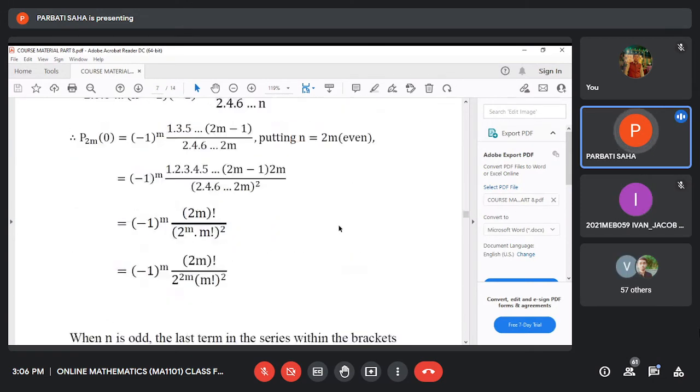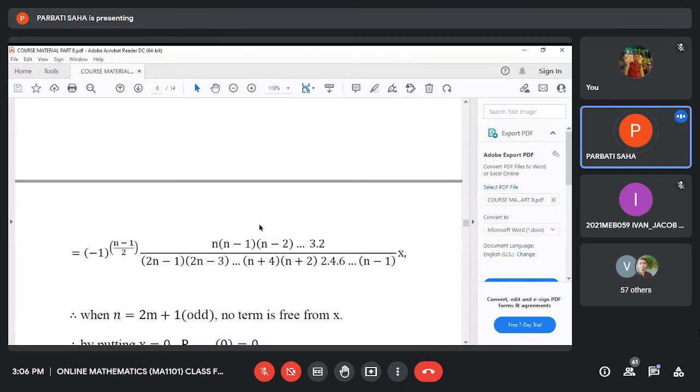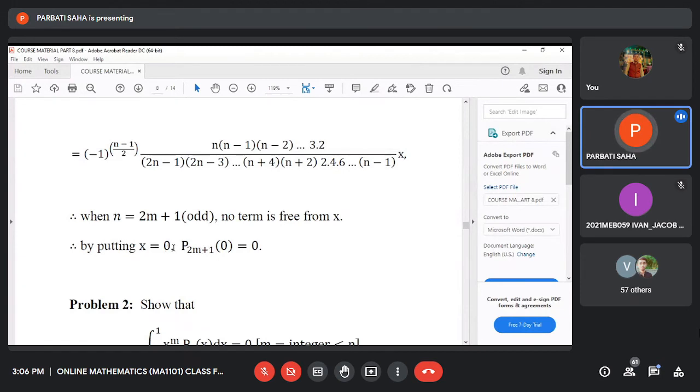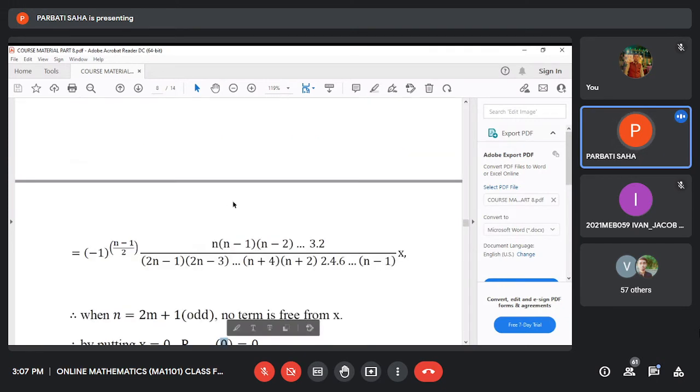So you will observe that P_2m(0) has a term free from x. This is the expression: the last term is free from x, all other terms contain x, and if you put x equals to 0, then all the terms will vanish.